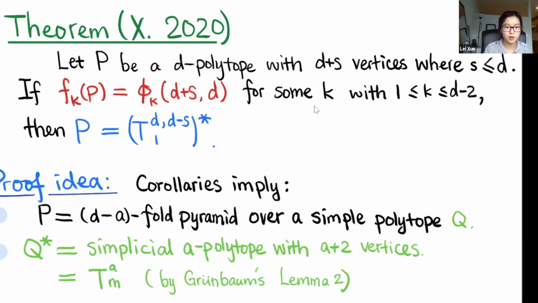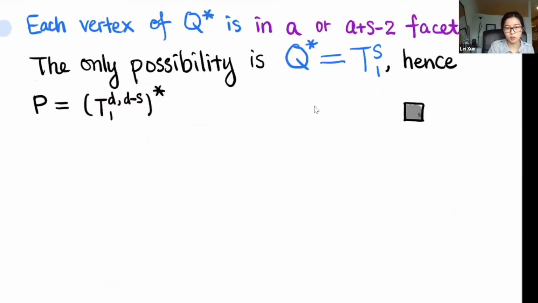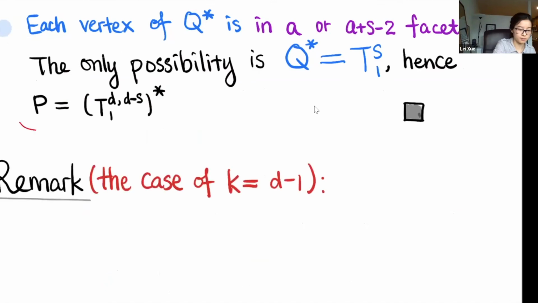So it must be one of this nice family. And by corollary 1, it also has to satisfy this condition, which will force P dual to be T_s^1. And that will force P to be our friend over here. And that's for k between 1 and d-2.